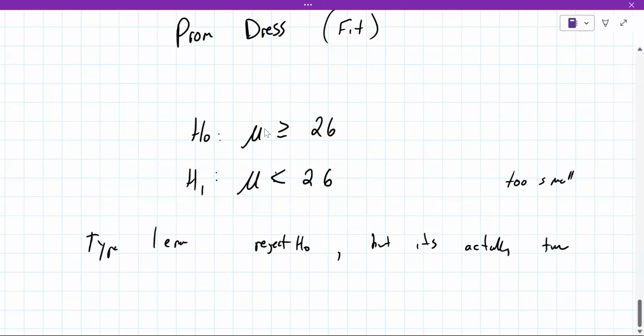So if you buy a dress and you then reject this, you think it's actually less than 26 inches. What are you going to do as a result of that? Well, you think, oh no, it's now less than 26 inches. I need to go on a diet, right?